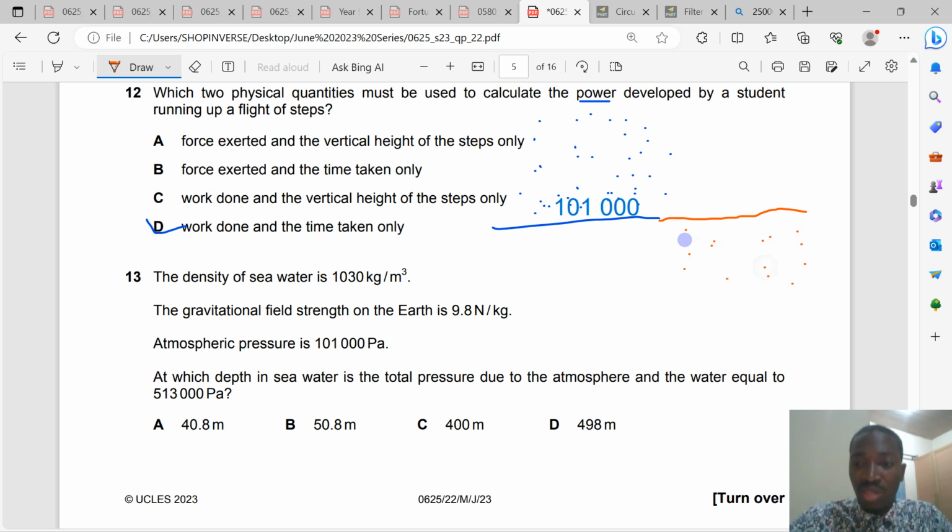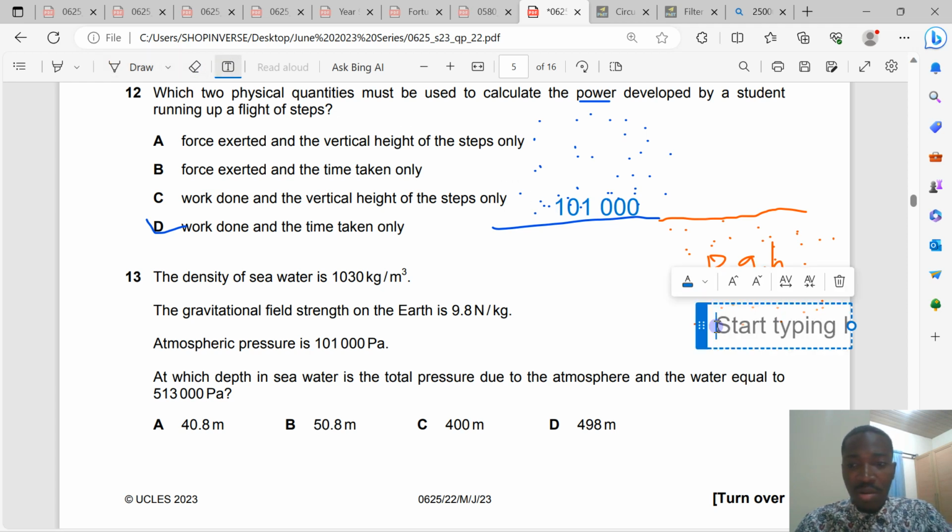So when you go inside the water too, there is also some pressure due to water molecules, and the formula for that pressure is density times gravity times height. So you were told at what height would we have the total pressure due to atmosphere plus that due to the water to be equal to 513,000 Pascal.